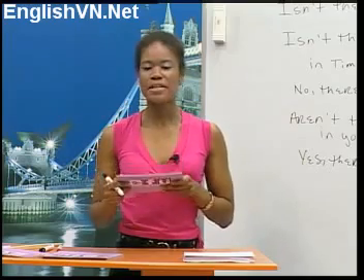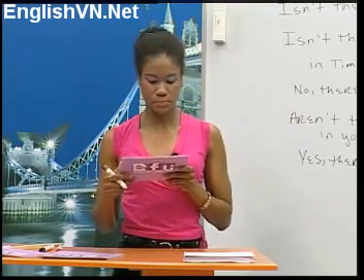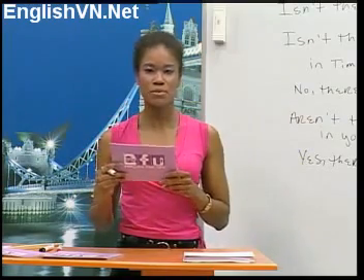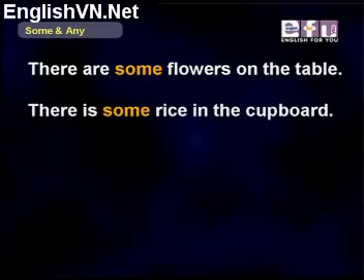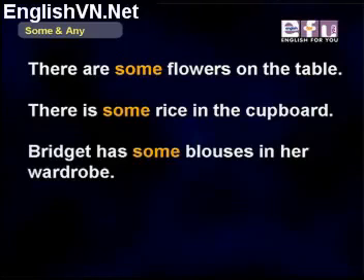Now, let's look at some first. Look at some examples. There are some flowers on the table. Next, there is some rice in the cupboard. Bridget has some blouses in her wardrobe.